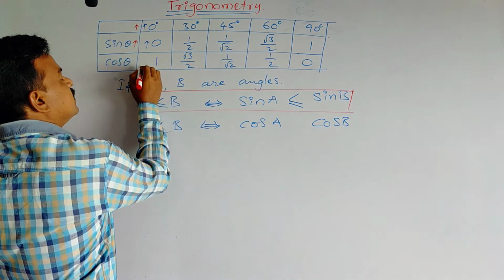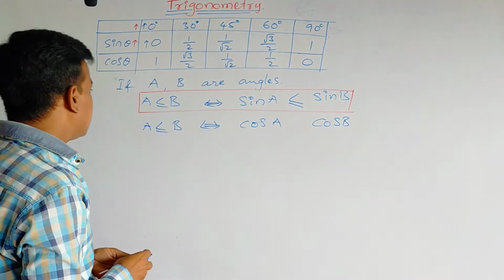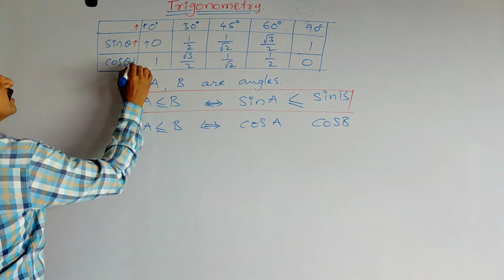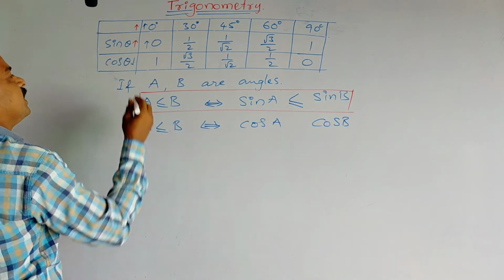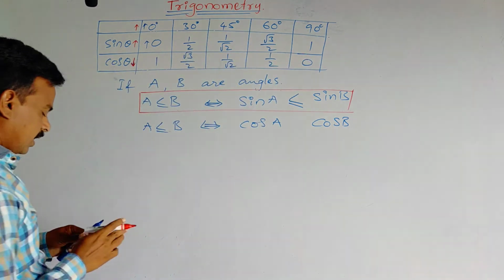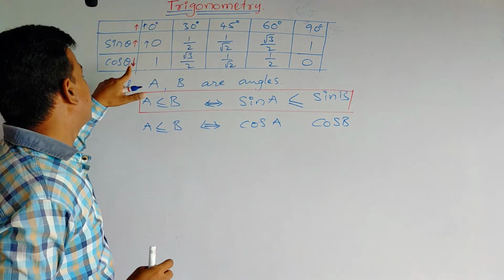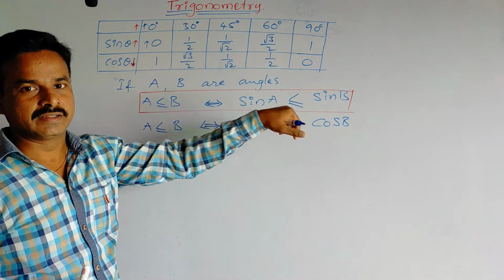That means the cos values are in decreasing manner, in decreasing order, big to small. If the angles are increasing, then the cos values are decreasing.